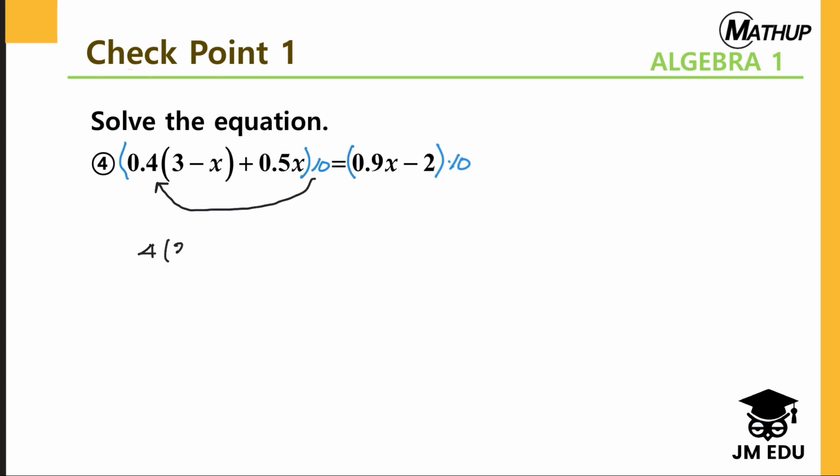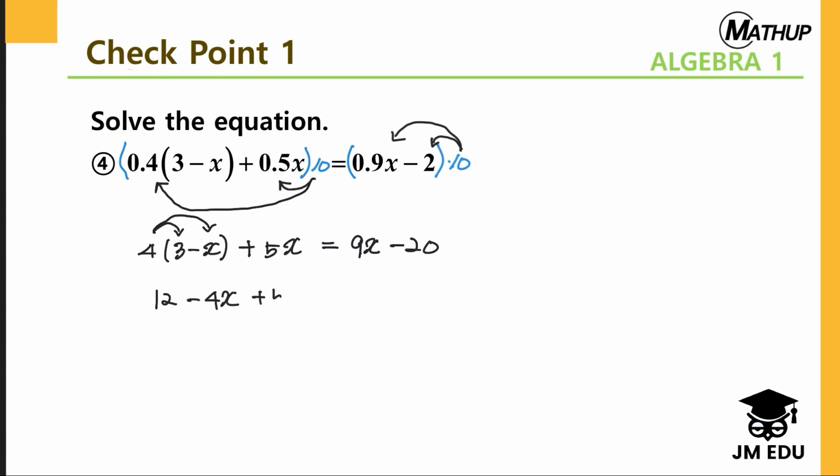And we have 3 minus x here, plus 10 times 0.5x, that's going to be 5x, is equal to 10 times 0.9x, that's 9x, 10 times minus 2, that's minus 20. So let's simplify this. 12, right, minus 4x plus 5x is equal to 9x minus 20.